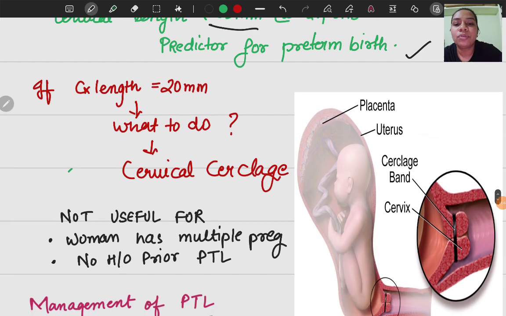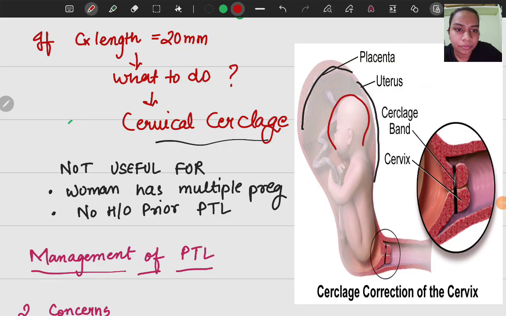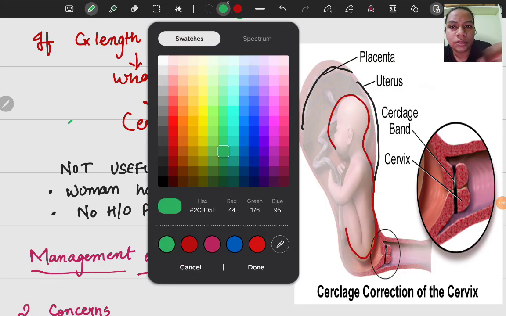Then you have to do one procedure that is called the cervical cerclage. What is cervical cerclage? You can see in this picture that this is the placenta, this is the uterus in which the baby is lying. This is the baby, and this is the cervix.